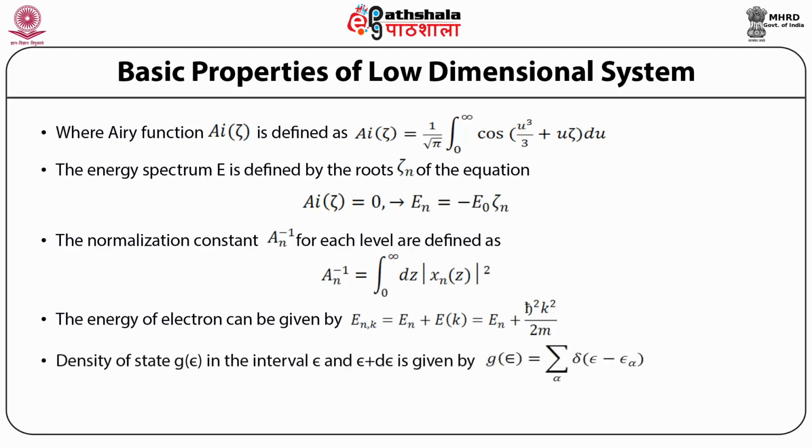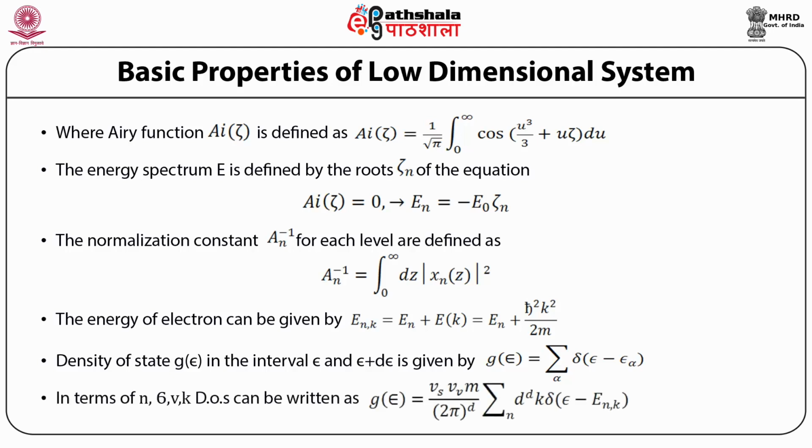Now the density of states G(ε) is the number of states in the energy interval ε to ε + dε, which is given by G(ε) = Σα δ(ε − εα).